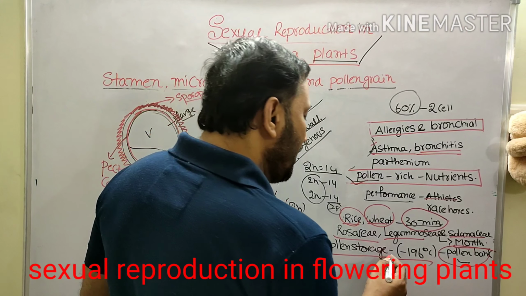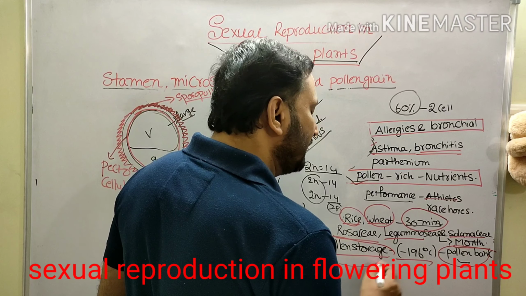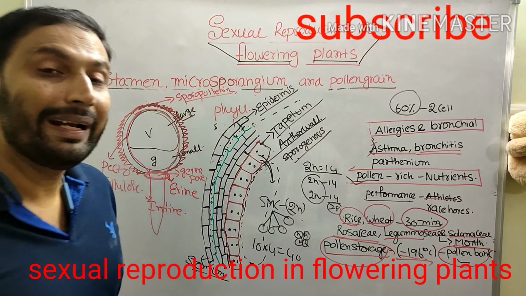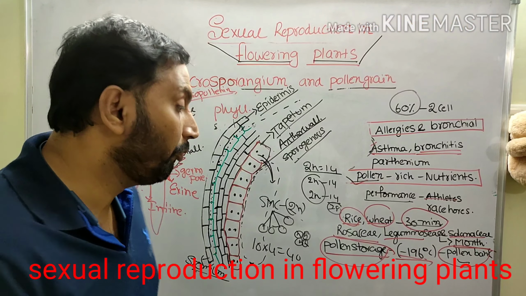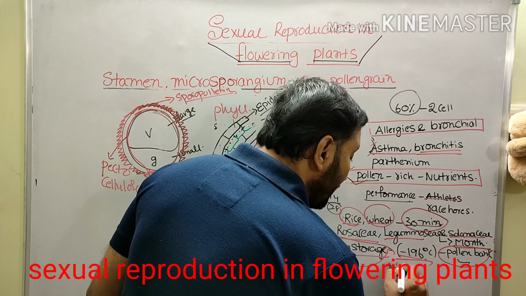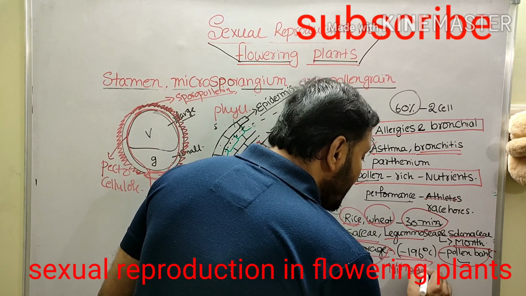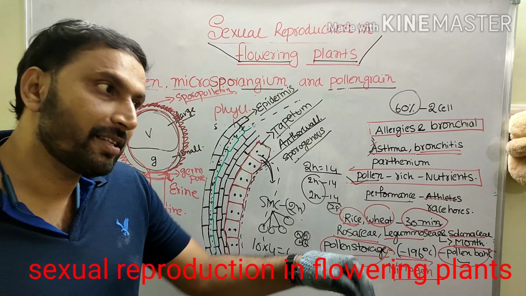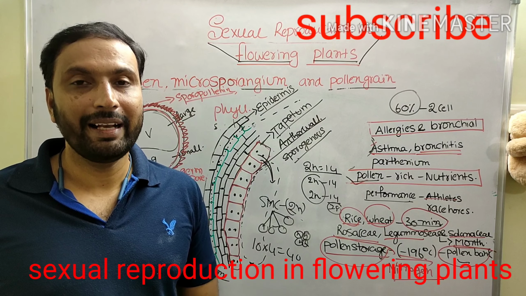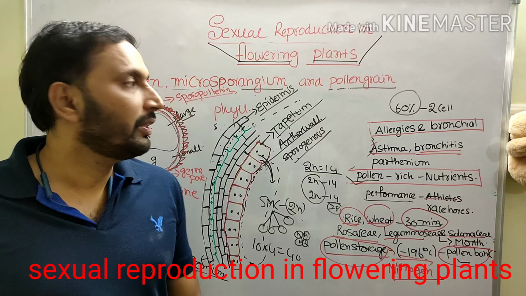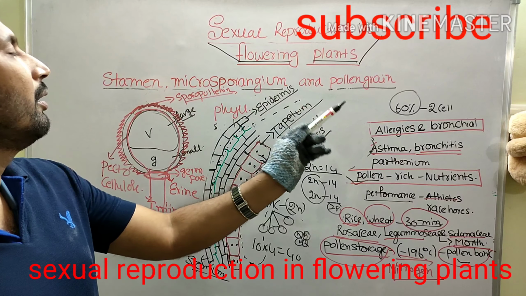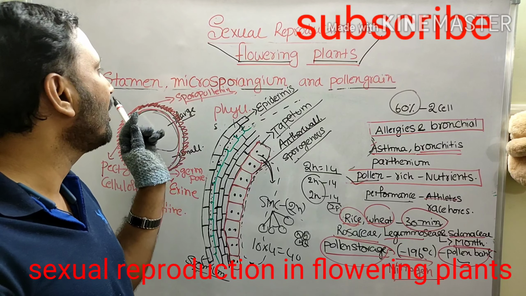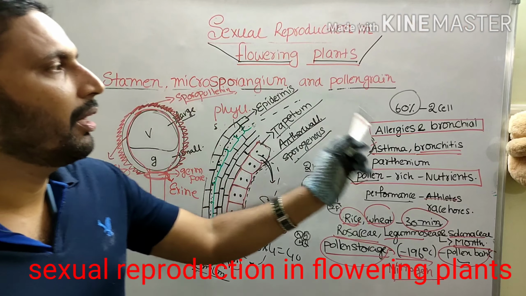Especially, these pollen grains can be stored at minus 196 degrees in the presence of liquid nitrogen. In this way we can preserve pollen grains; that is called a pollen bank. Even seeds can be preserved, like in a seed bank. So this is the first information about the male reproductive organ: stamen, microsporangium and pollen grain.